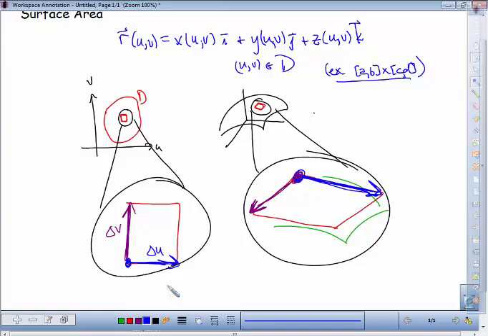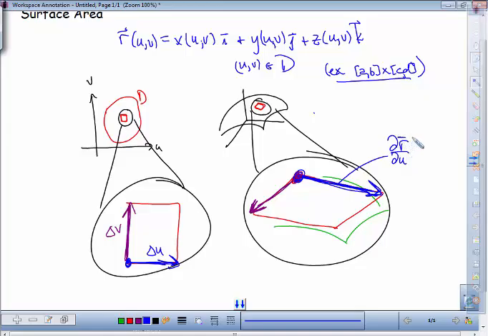So what we have here is this first one, this blue vector that comes from the delta u, is going to be the derivative of r. Now, this is a function of two variables, right? It's a function of u and v. So I started to do a straight d there, but really it should be the partial of r with respect to u.